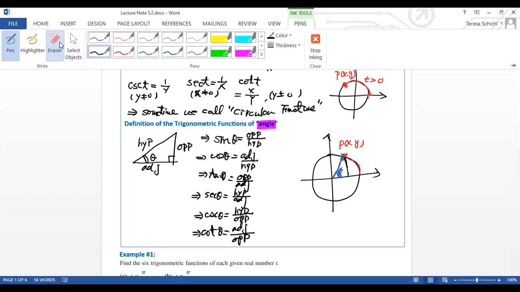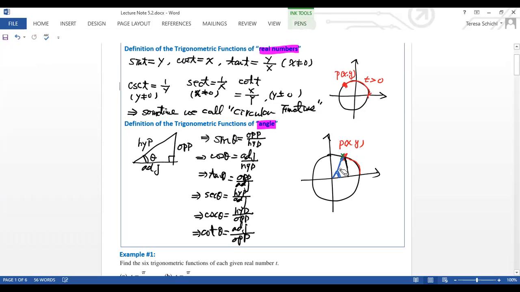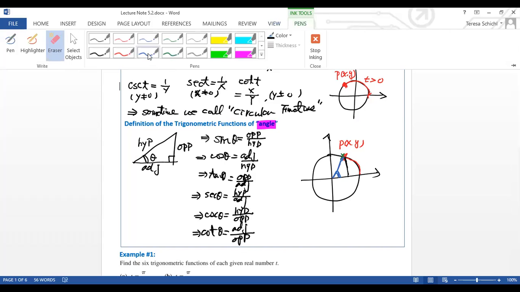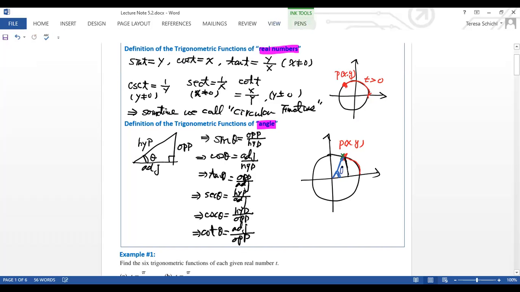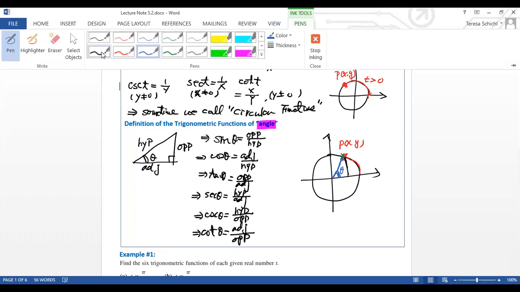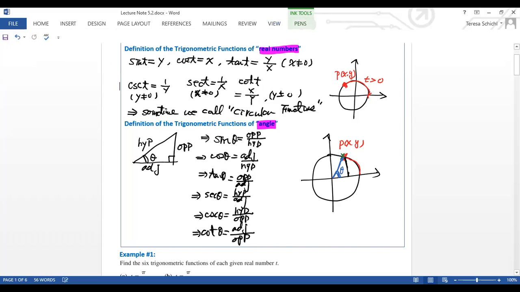I did not get a chance to write this. Okay, so here, this is the angle theta. Now you can draw a triangle. So take a look at what this side here is.